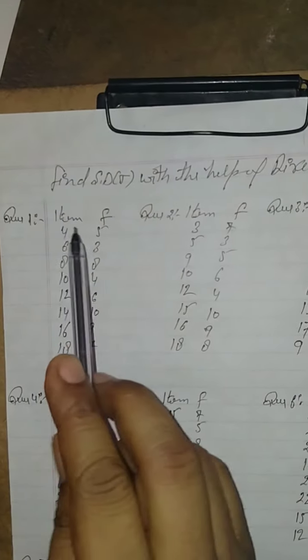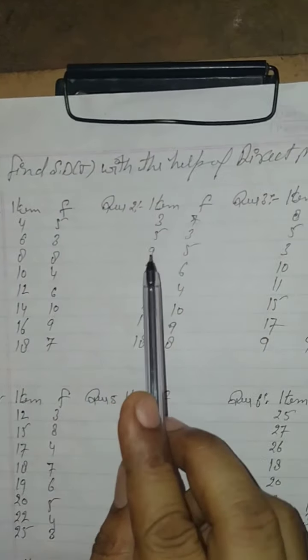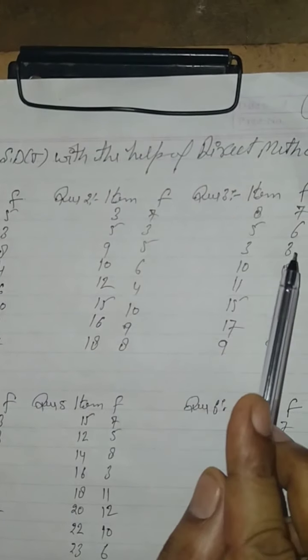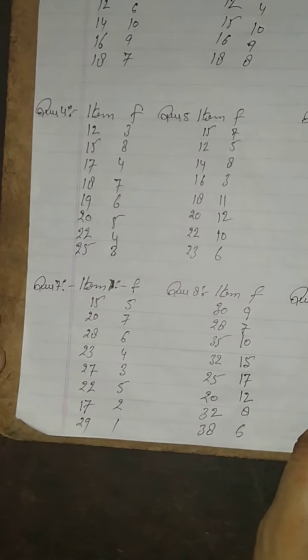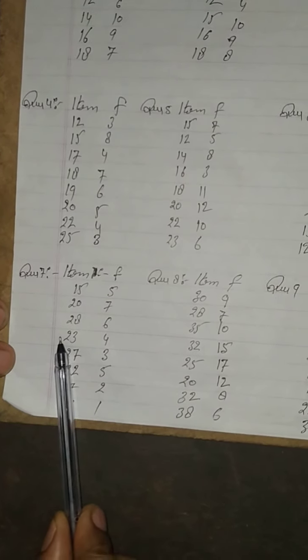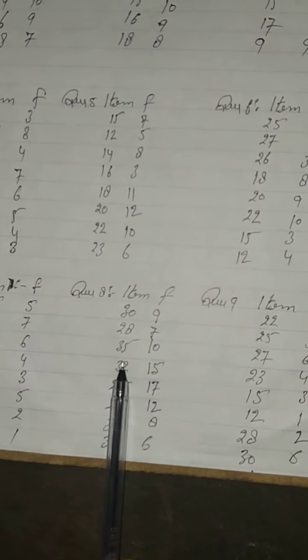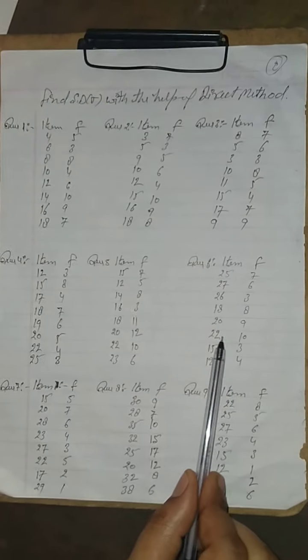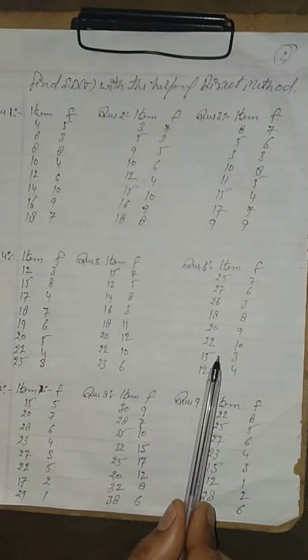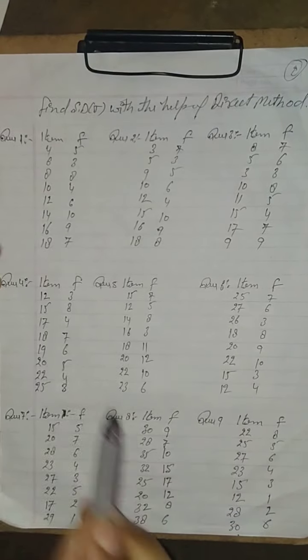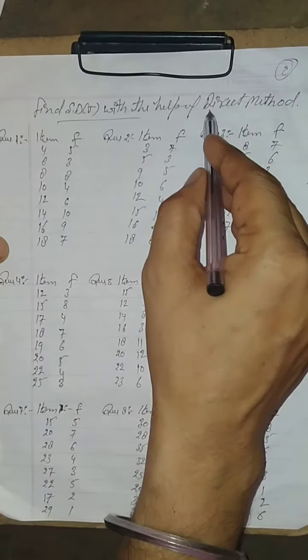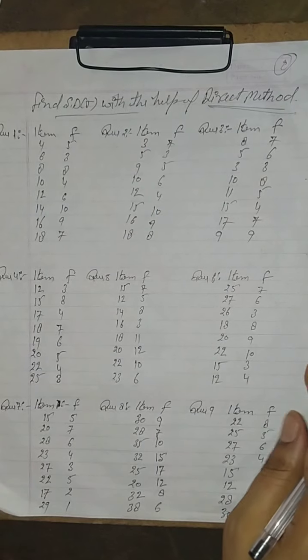Question number 1 to question number 9, all have item and frequency given. The whole set of questions goes to discrete series, and in this series you will find the standard deviation with the help of the direct method. Clear beta?